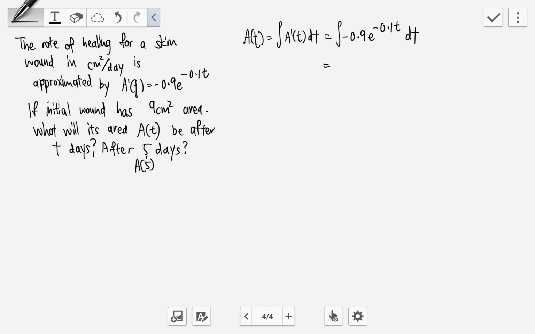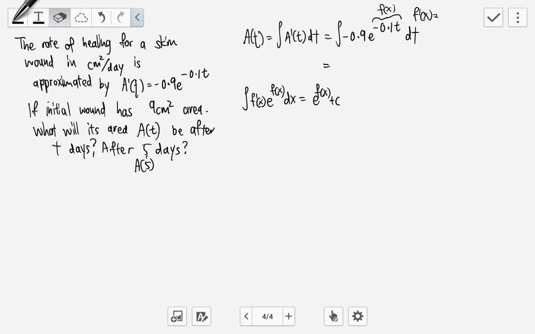Now there is a formula: the integral of f prime x e to the power of f(x) dx will give me just e to the power of f(x) plus c. So here I must get minus 0.1, because when I differentiate this part, which is in terms of t, so this is my f(t), my f prime t would be equal to minus 0.1.